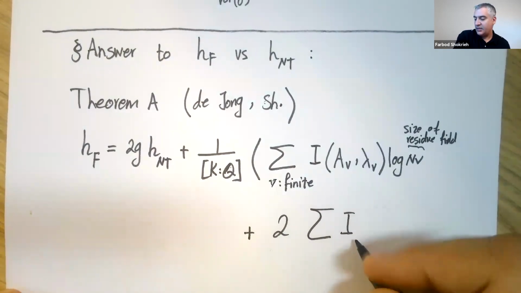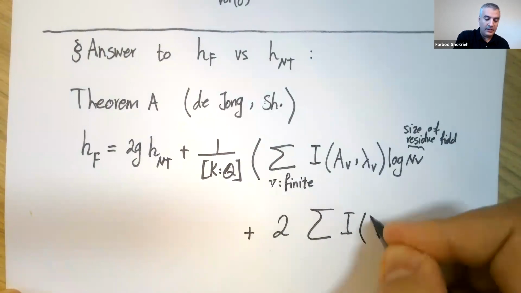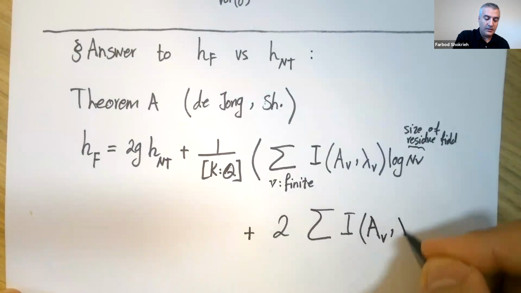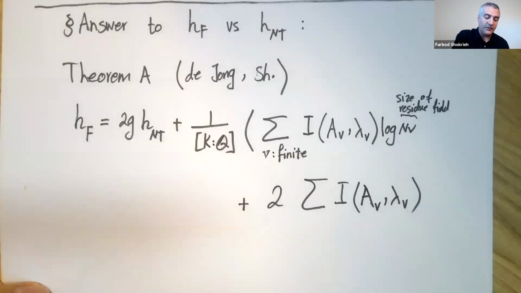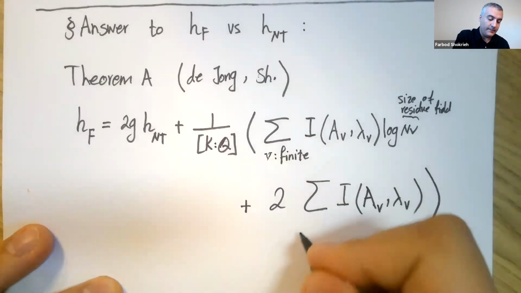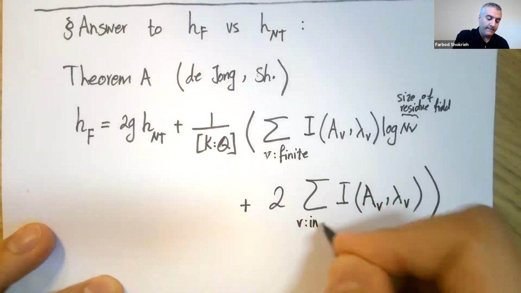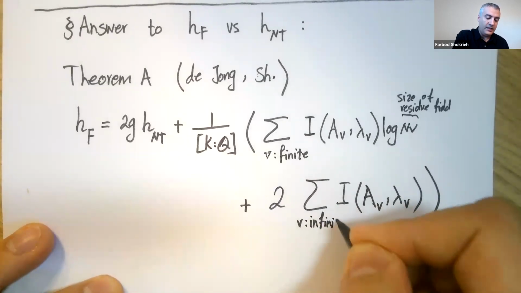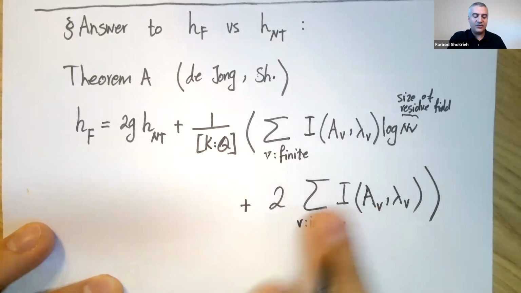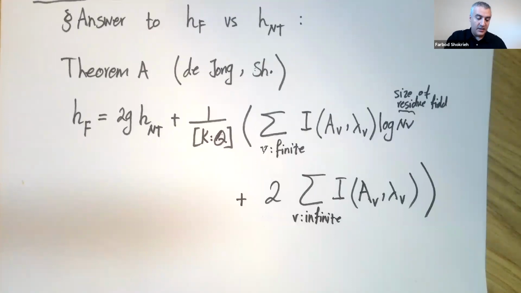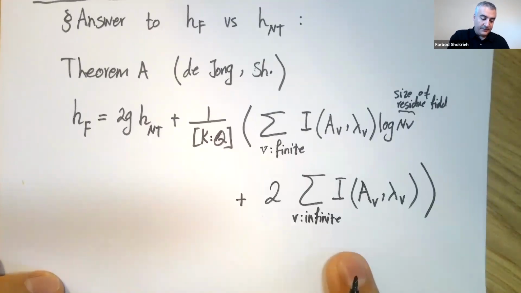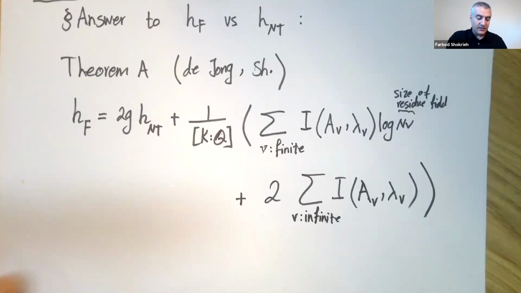If I was talking over function fields, I wouldn't even worry about this second term. In the case of Q, there is one extra term that comes from the place at infinity. Okay, so that's the answer.